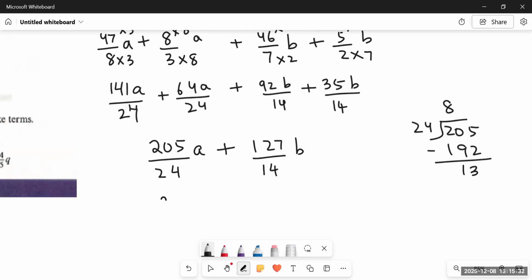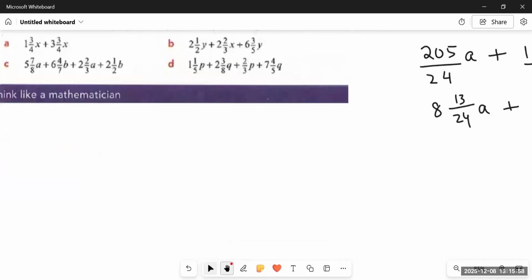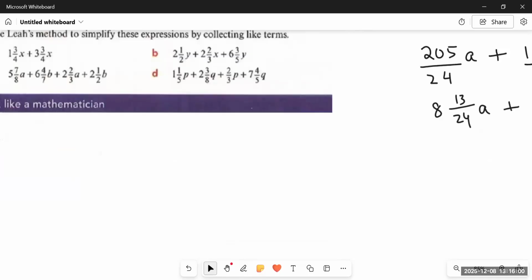So here it would be 8 whole 13 over 24a plus, we'll do the same thing here, 127 divided by 14. 14 tens are 140 and 14 into 9 is equal to 126. So it would be 9 whole 1 over 14b, and that's the final answer. I hope this will help you out in solving the questions the next time.